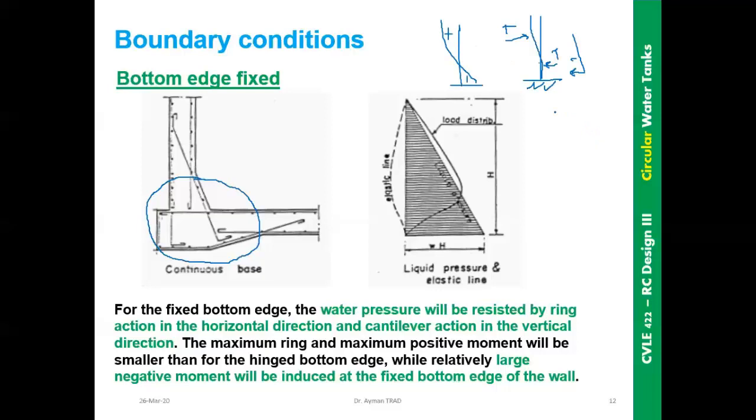في حال لو اعتبرنا احنا connectivity is a pin، so حيصير under the same kind of load حيصير في عندي deflection هو pure parabola، pure parabolic deflection. والbending moment diagram كمان حيكون هو pure positive moment diagram.